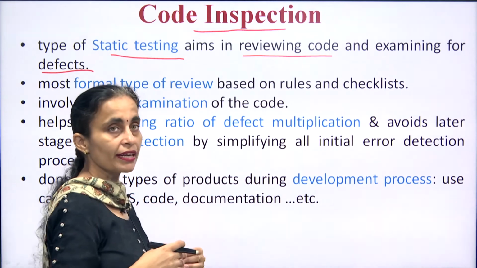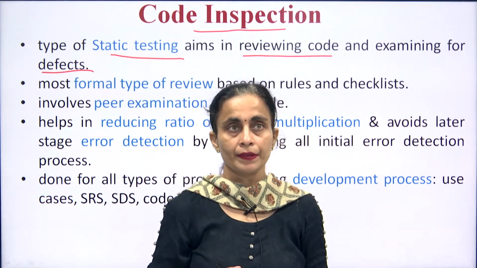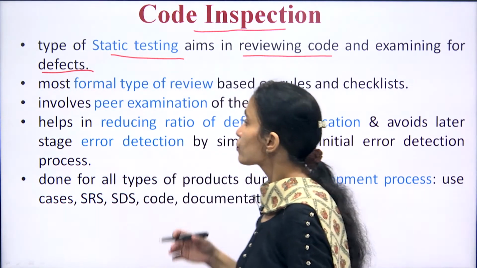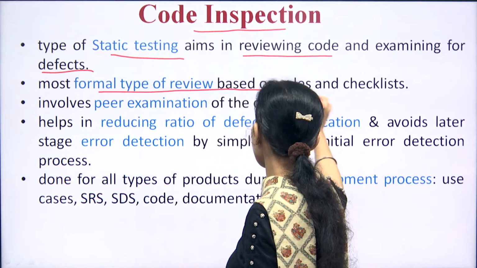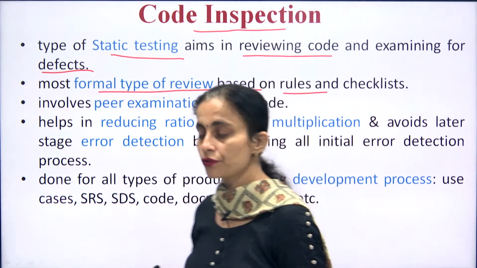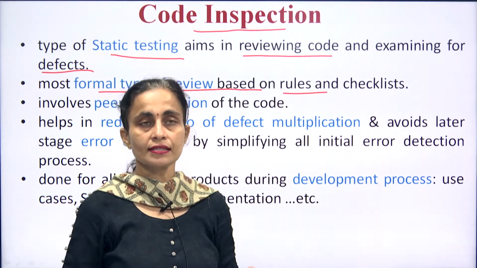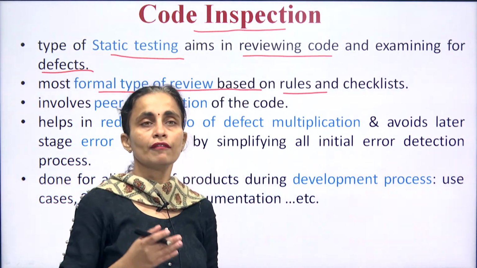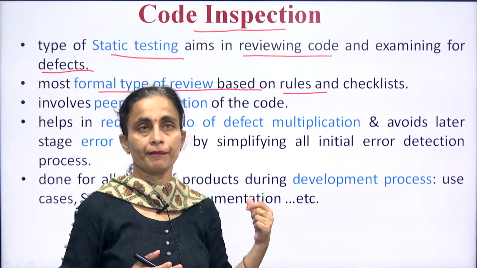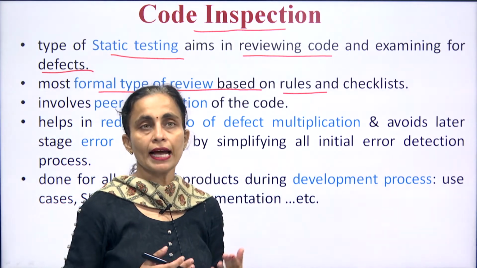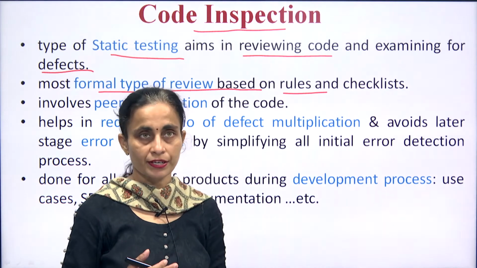If defects are found, correct them. We can say code inspection is a formal type of review based on defined rules and checklists. In the last lecture we discussed there are 5 to 6 methods for doing these reviews. One of them is the formal type of review, that is our code inspection technique.